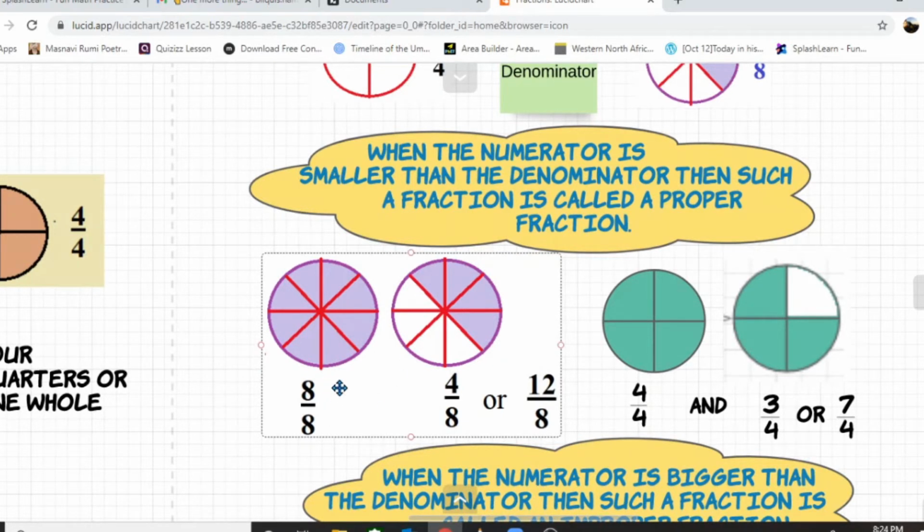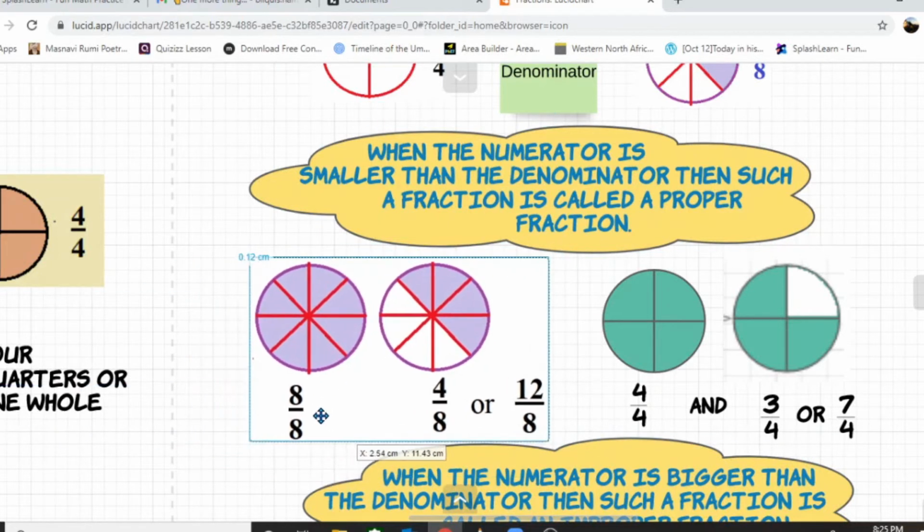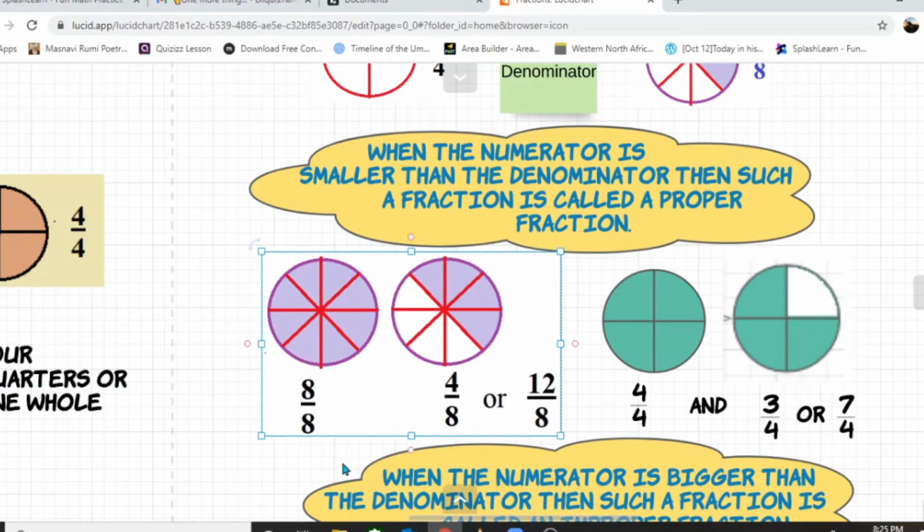Here we see that we have 2 figures. Both figures are divided into 8 equal parts. And if you count the colored parts of the first figure, then all parts are colored, and it will be written as 8 divided by 8. Besides it is another circle divided into 8 equal parts, and 4 parts are colored.